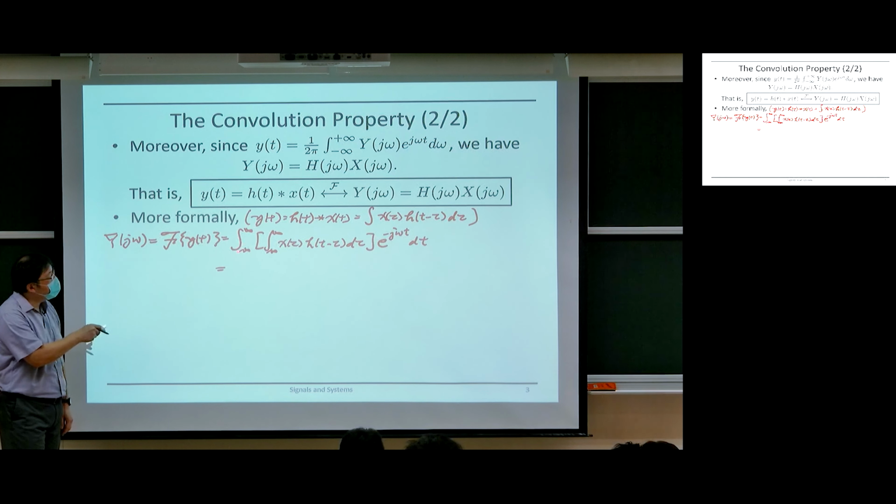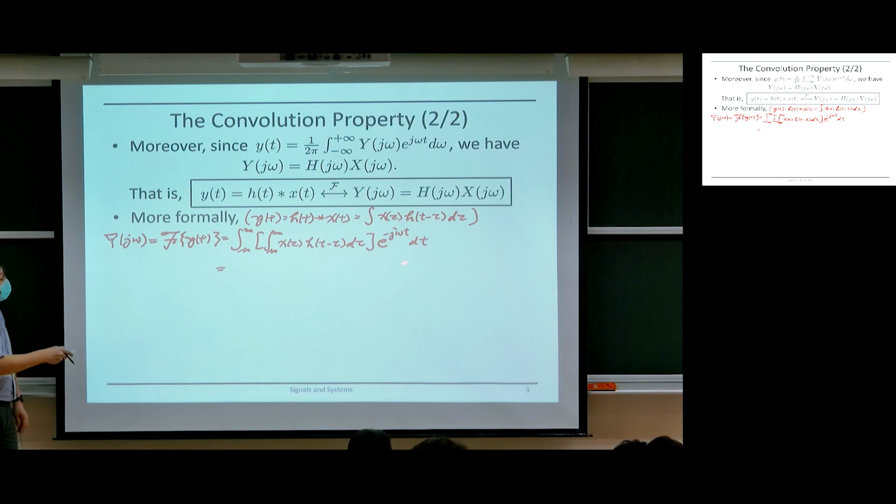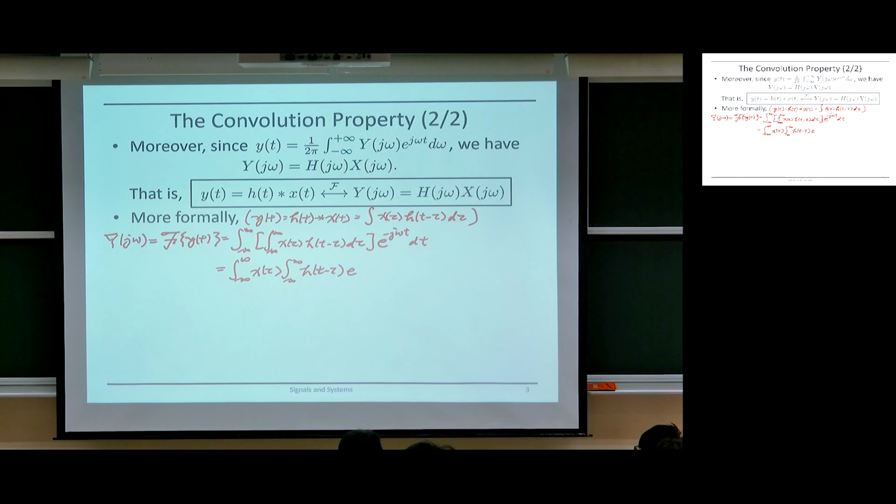So this is the integral of y of t times e to the minus j omega t dt, which is the formula for the Fourier transform of y. Now, let's change the order of integration here so that we integrate over t first. So this will give you the integral of x of tau, integral of h of t minus tau, e to the minus j omega t dt d tau.